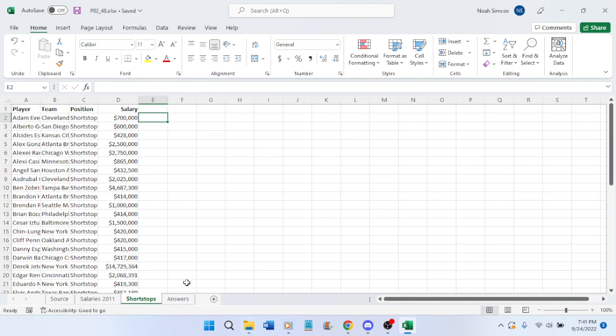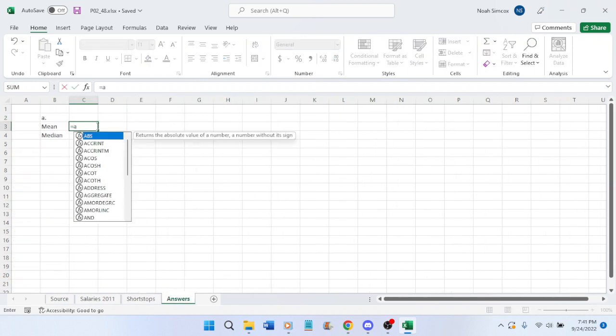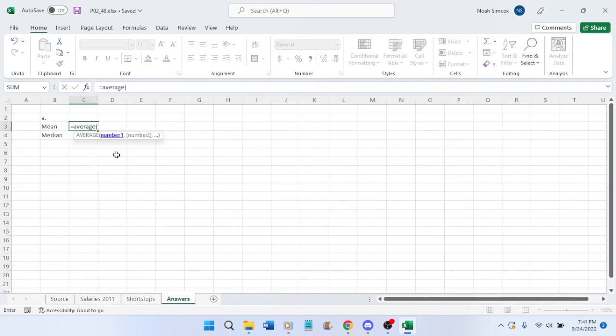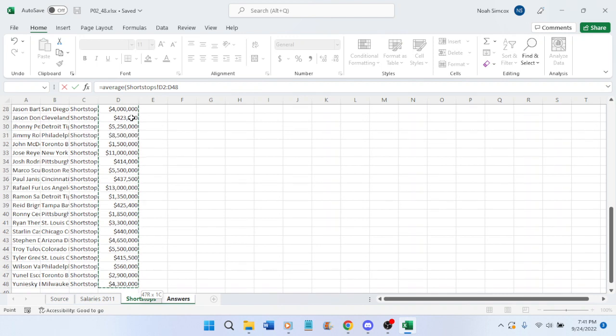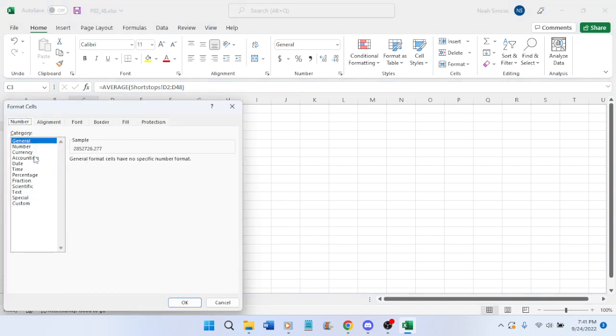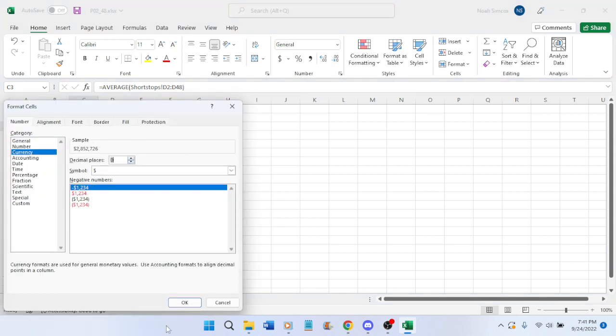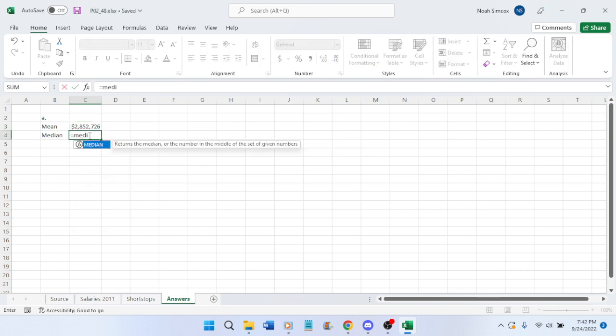We have now gotten the data. What is the mean? Average of the salaries. Median equals. Do they have a median function? Hilarious.